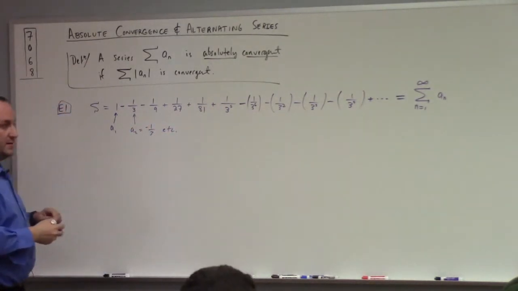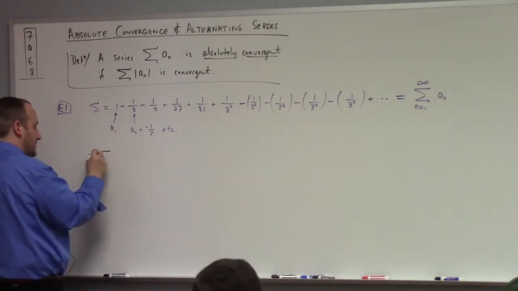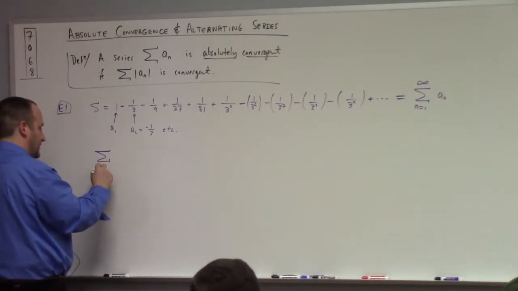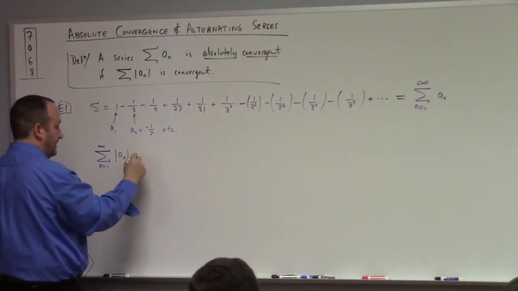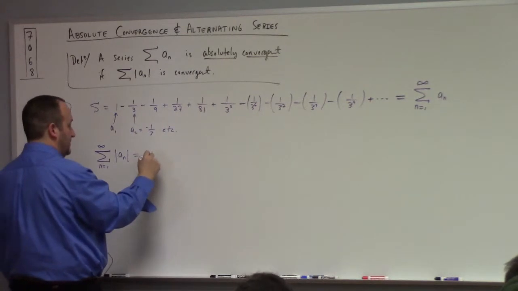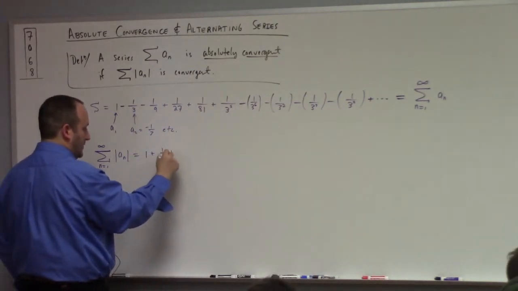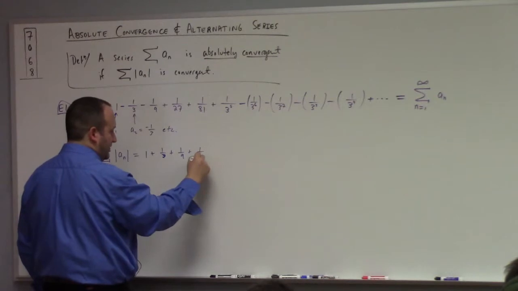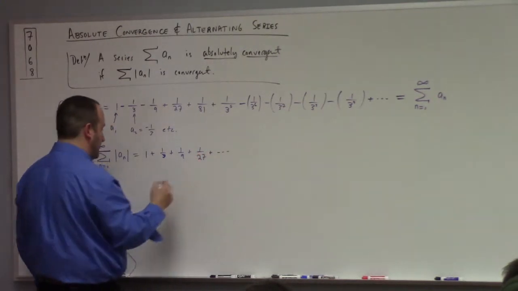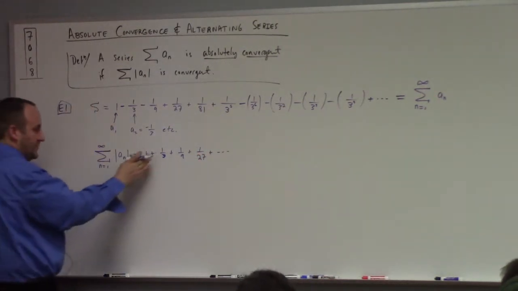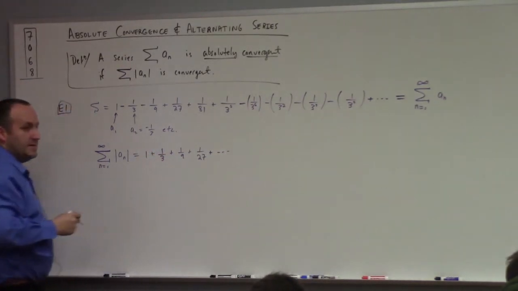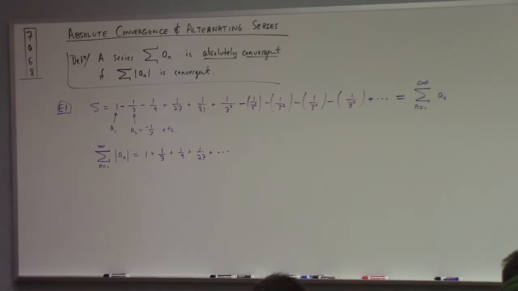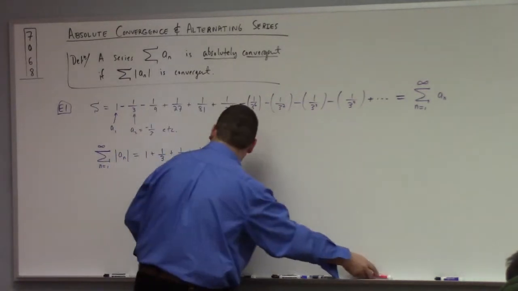Right? Then if you look at this series, what is the sum n equals 1 to infinity of the absolute value of a sub n equal to? It's just 1 plus a third plus a ninth plus a 27th and so forth and so on, right? In other words, if I take the absolute value of the series, term by term, what kind of series is this? It's geometric. It's geometric with what?